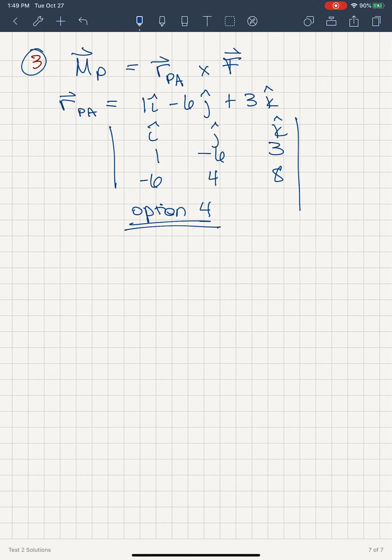For question 4, we're given the determinant, and we just have to solve that out. So the moment about O equals, we didn't have to do all the heavy lifting there, I, J, K. And you could have done this in your calculator or by hand.